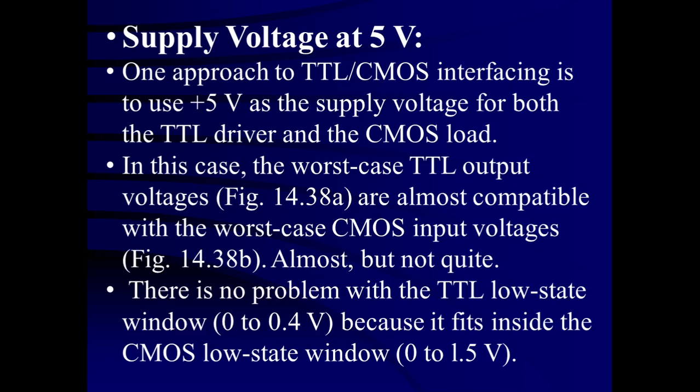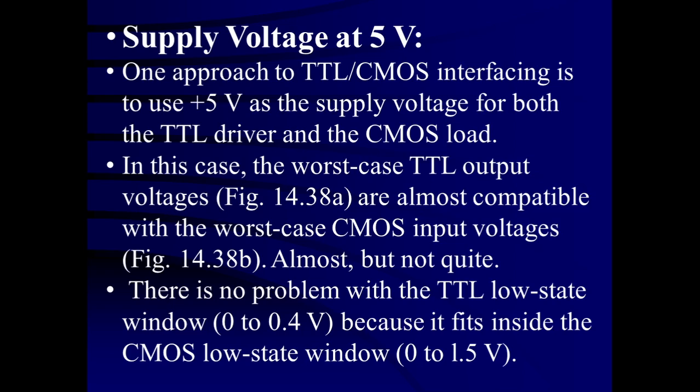CMOS can work from 3 volt to 15 volt, so there is one possibility that both operate at 5 volt. Then is compatibility there or not? The first thing we are going to learn about is that.